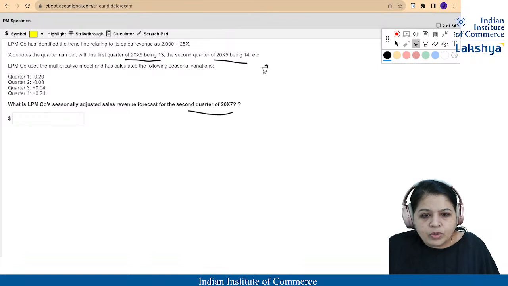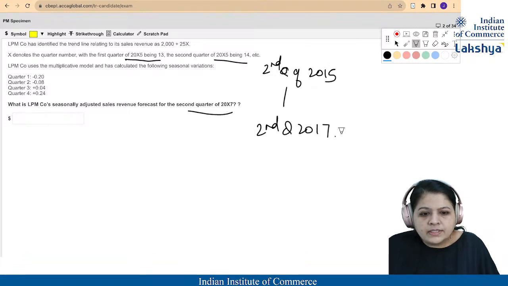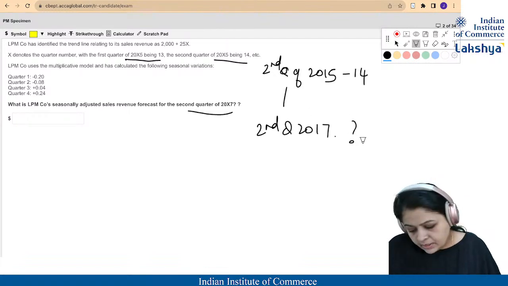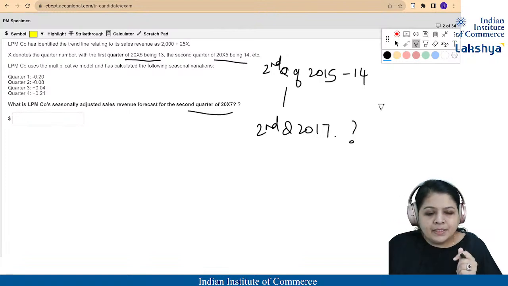Now, second quarter of 2015 to the second quarter of 2017. If this is 14, how many is this? Right? So what you're going to do is you're just going to add up, right? After 15, there are two more quarters in 2015.